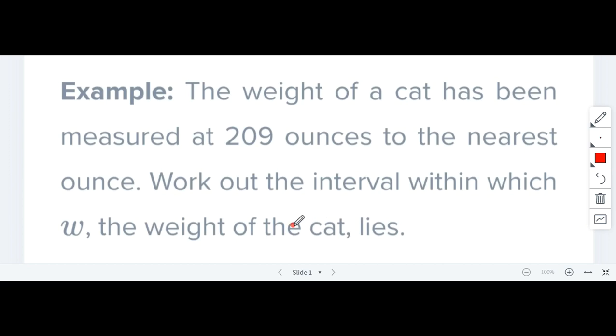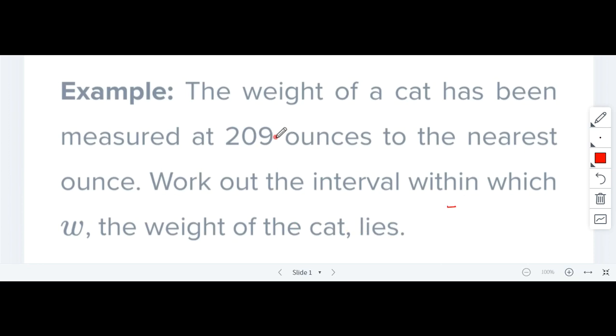The very first thing is you should know how to round the numbers. If you have to work out the errors and the error interval, the first thing is you know how to round the numbers. So the question is: a number is rounded to the nearest whole value to 50.